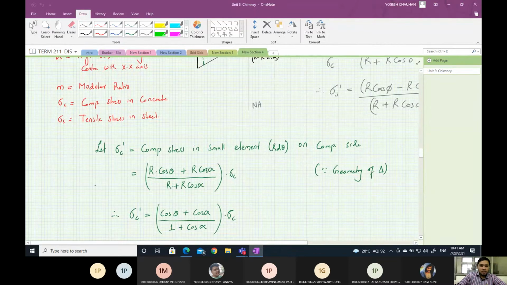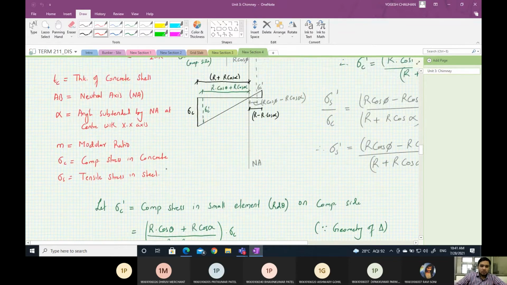So we find the compressive stress, compressive force. For that we consider let sigma c dash be the compressive stress in small element, r d theta on compression side. We know that here the stress is 0 and at distance r plus r cos alpha the stress is sigma c.